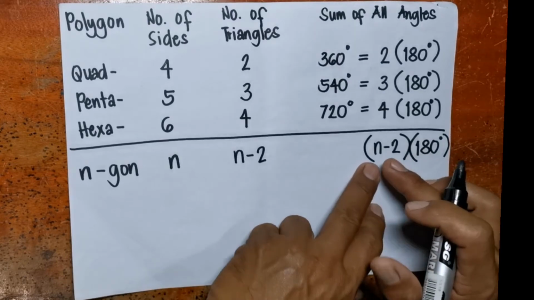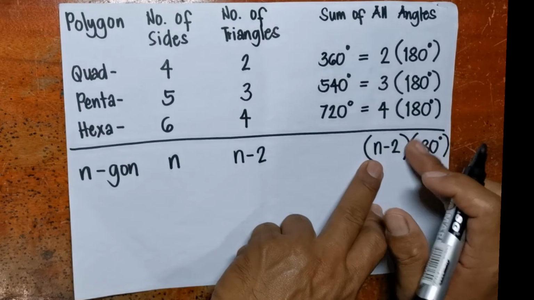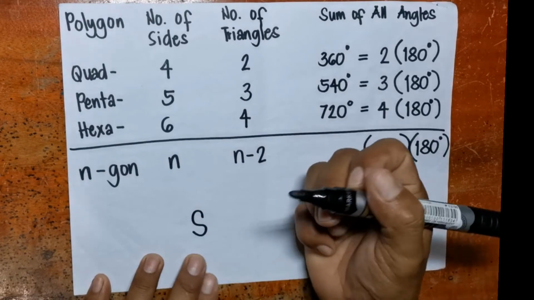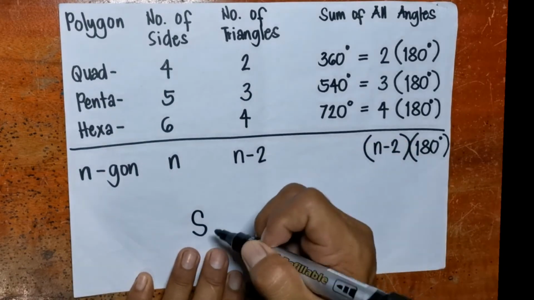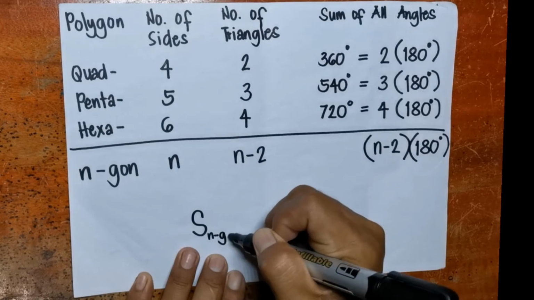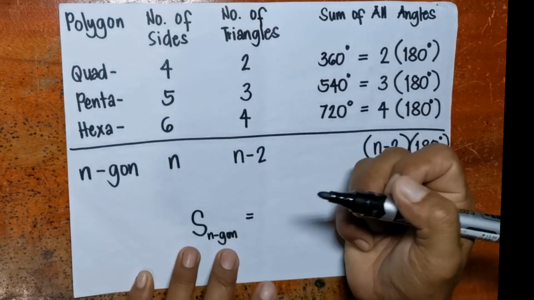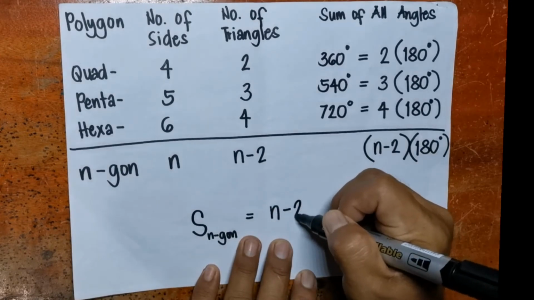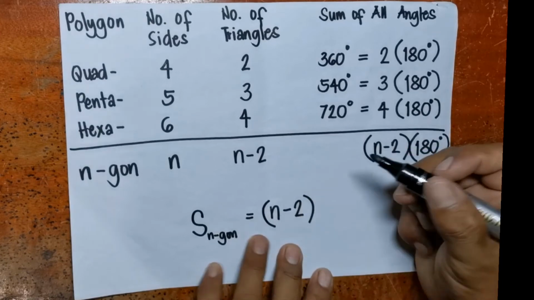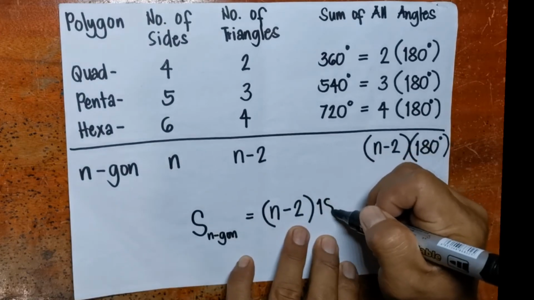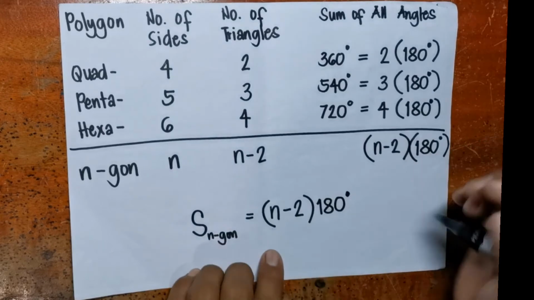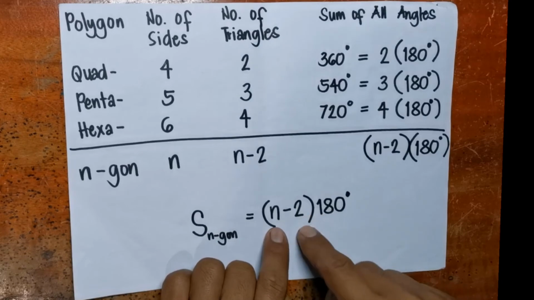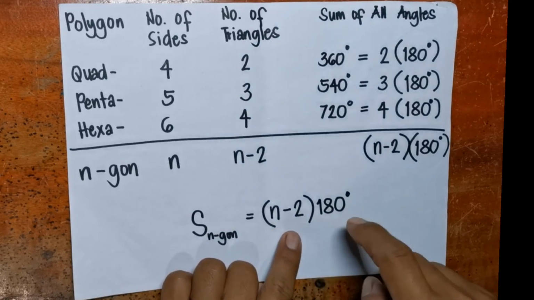So, that is still the number of sides minus 2 times 180 degrees. Therefore, the sum of all the interior angles of an n-gon will be equal to this one. The number of sides, bawasan lang natin ng dalawa, tapos yung magiging result is times 180 degrees. So again, this is the number of triangles na mafo-form natin. Number of sides minus 2. Yun na yung triangles na mafo-form times 180.